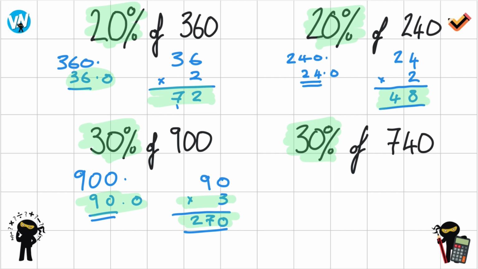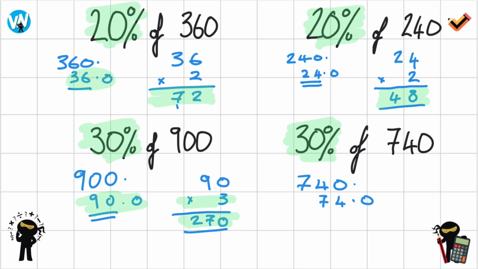And then again, 30% is just finding 10% and timesing it by 3. So on this next one, we've got 740. So 740, decimal point. Move everything one space to the right. That gives me my 10%, which is 74. And then I'm going to do 74 times 3. Now, in my head, we could do 70 times 3, which is 210, and 4 times 3, which is 12, and add them together.